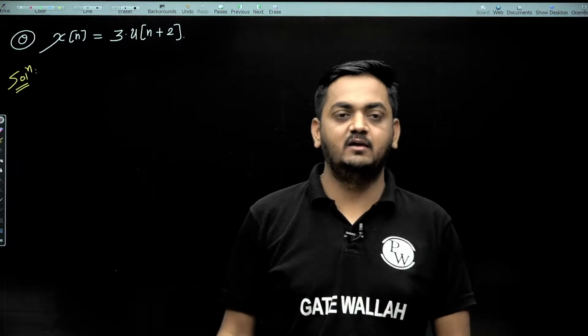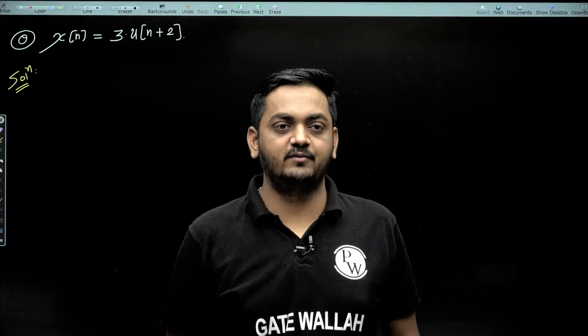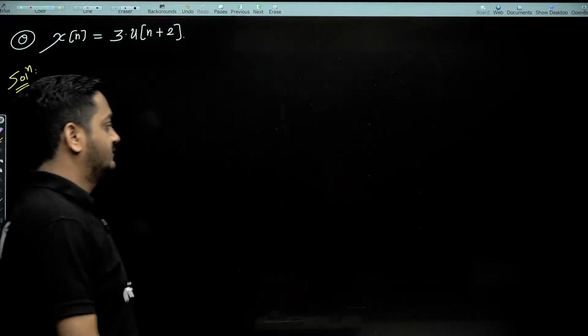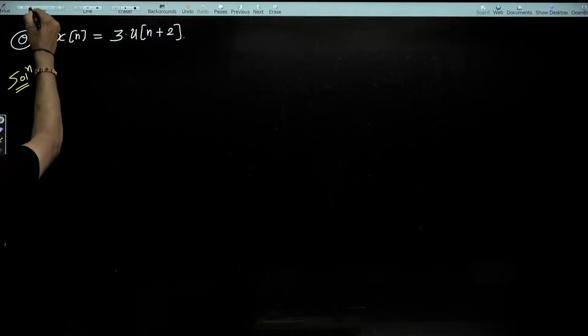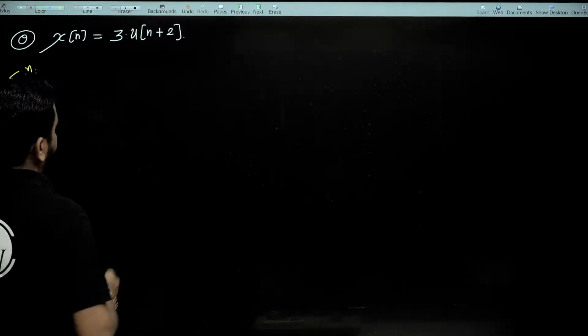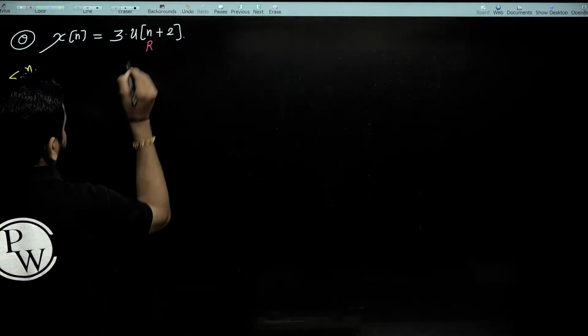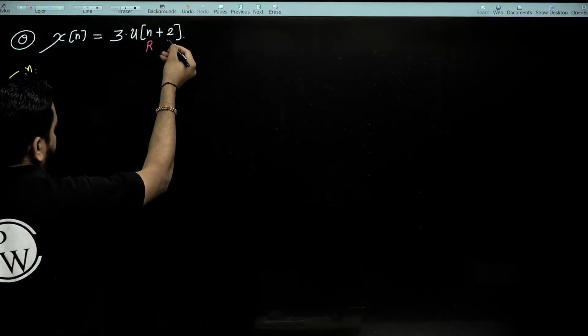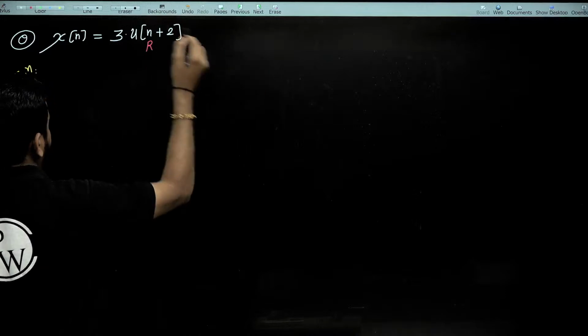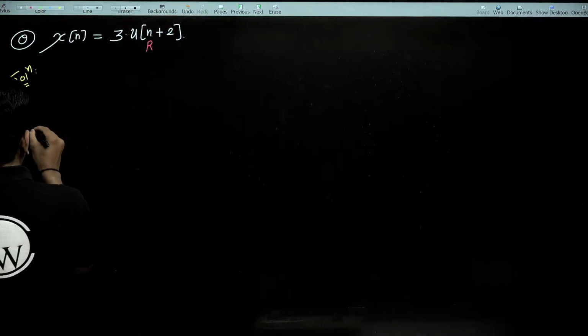How to decide whether this is right side or left side? Here there is a plus sign, so right side. Right side means the opposite sign, so it will start from n equal to -2 and go towards the right side, having amplitude 3, guys.